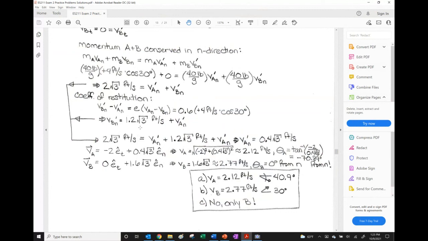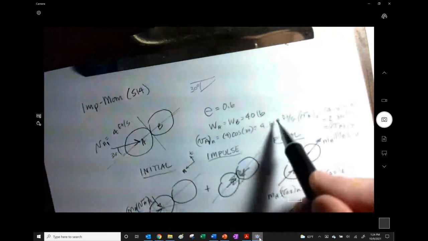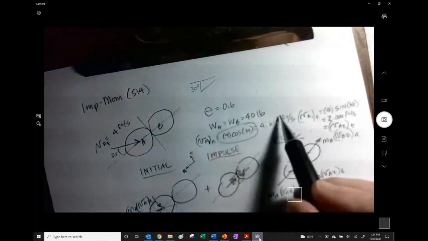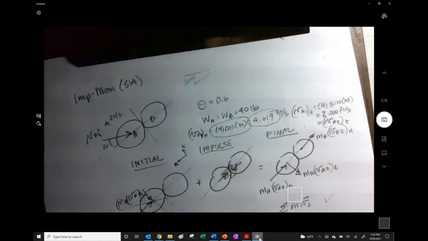Huh. I don't know. She had 0.6 times 4 times the cosine of 30. So why wouldn't I get that? I would get the same thing. Oh, you know what? Right from the very beginning is where I made a mistake. It's just sometimes you want to cry. It was right here. And it should have been obvious to me that 4 times the cosine of 30 is not 4.619.